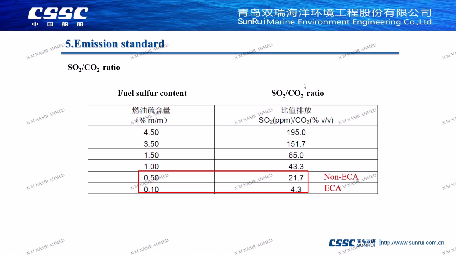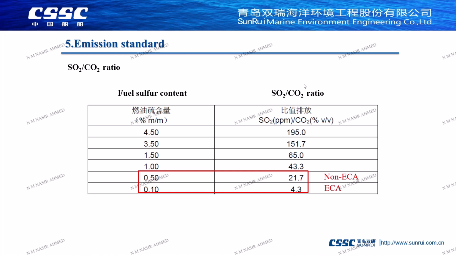What we talked about earlier is that the sulfur content of the fuel required for the emission control area is less than 0.1%. That corresponds to a ratio of sulfur dioxide to carbon dioxide of 4.3. This means that in the ECA area, our flue gas emissions ratio must be less than 4.3.